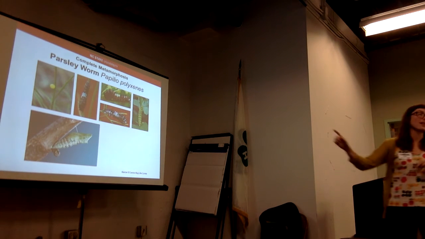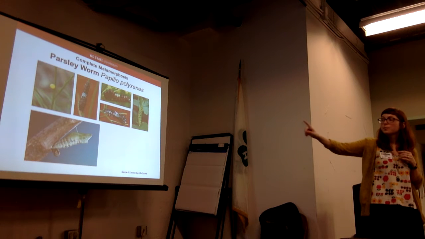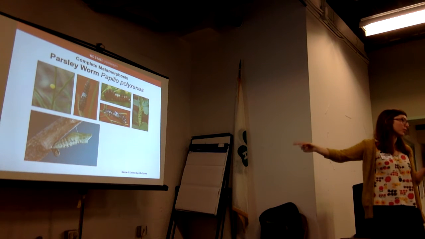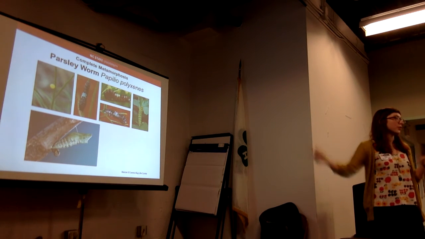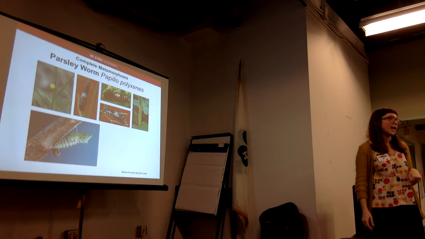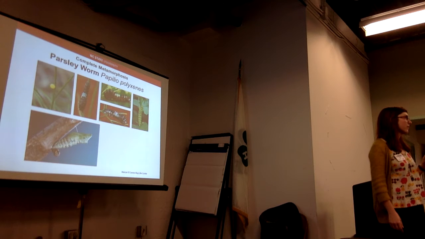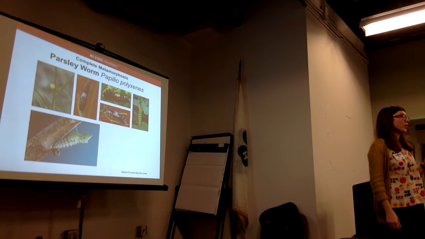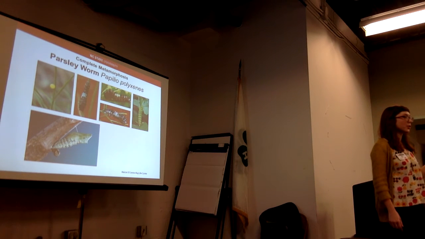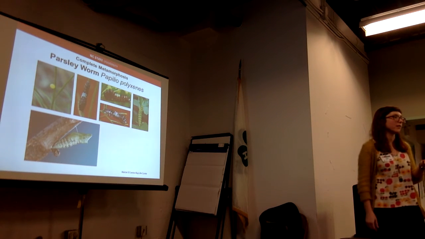This is a fun fact that's not included in these slides, but the pupa, or the cocoon, as we would call it for a butterfly, will be green or brown. That is actually genetically determined, and I think it's a case of selection: when there are a lot of green ones, the birds get really good at finding the green ones, so the brown ones are more likely to survive.